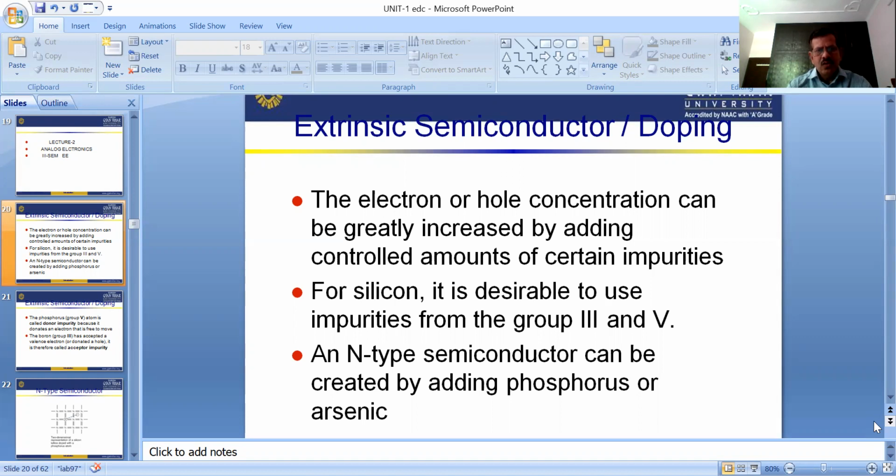If we want to make an N-type semiconductor, we should dope silicon with phosphorus or arsenic impurities. After doping, this material will be an N-type semiconductor.